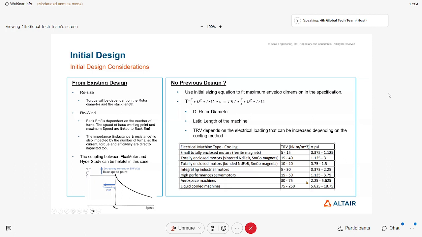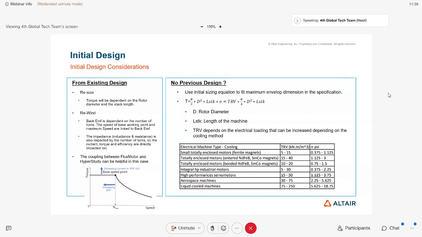We have this feedback from previous experiences where we have a kind of motor with some TRV, and using this TRV, with a few analytical computations, we can start to have some geometric diameters for the stator and for the rotor and the length as well, but still we need to fix the number of poles, the number of slots and so on.